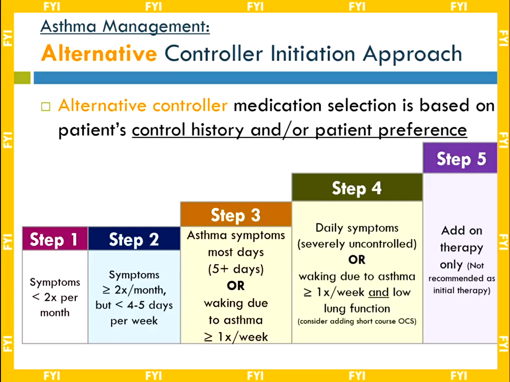Step three is if they're having symptoms most days and waking up at night. Step four is the same, step five is the same. So the only difference is now in step one and step two, we have separated how you pick step one or step two. This is how we pick. But generally, it's safest to start at step two, because you want a maintenance or scheduled inhaler. You don't want that PRN. Okay?